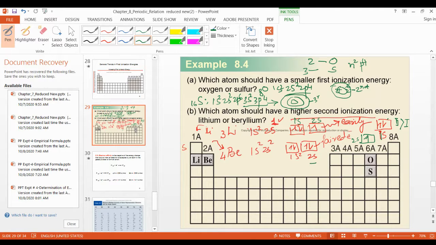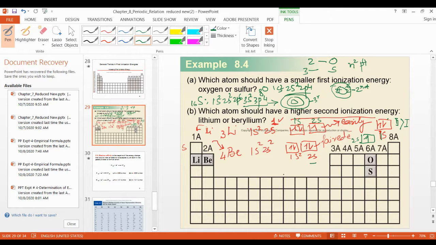Okay. Second ionization energy, the first you understand, right? Because the lithium has only a single electron in the outer shell. But beryllium has 2 electrons in the outer shell. It's more bonded, paired electron. So this is tightly bonded, more force with that, right?